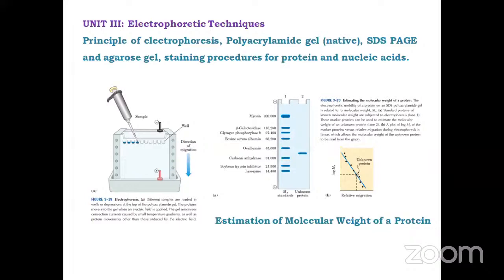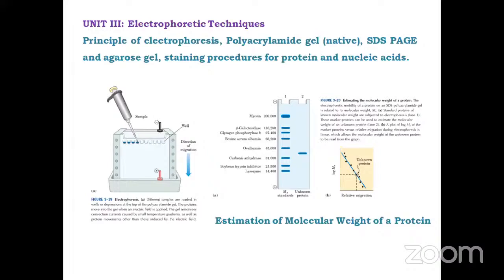Third unit deals with electrophoretic techniques. Again, it starts with the principle of electrophoresis and then different variants of electrophoresis like polyacrylamide gel electrophoresis, SDS-PAGE, and agarose electrophoresis and their applications. And also they are taught about the staining procedures which are used to detect proteins and nucleic acids in the gel.